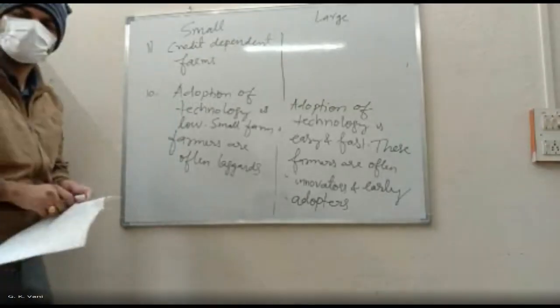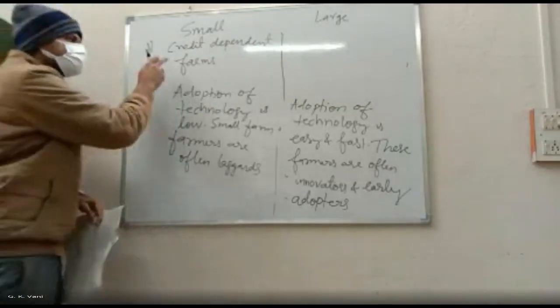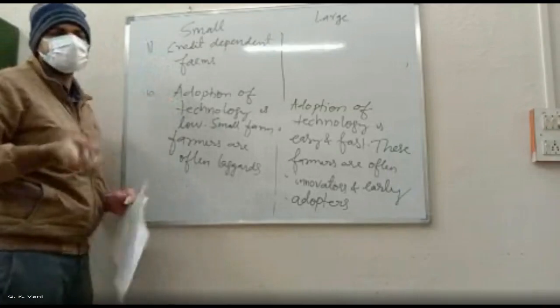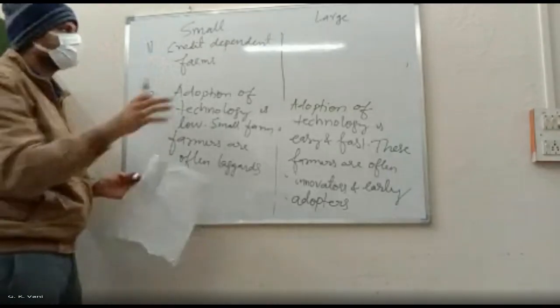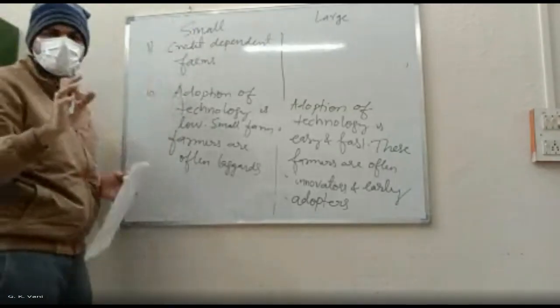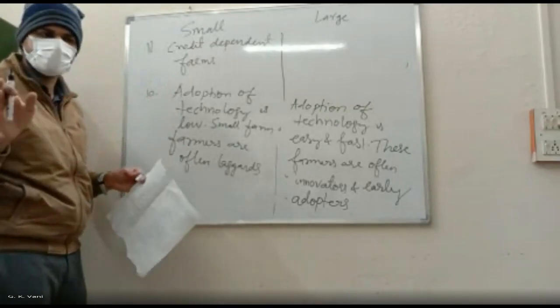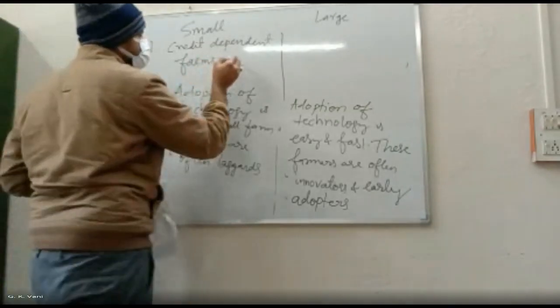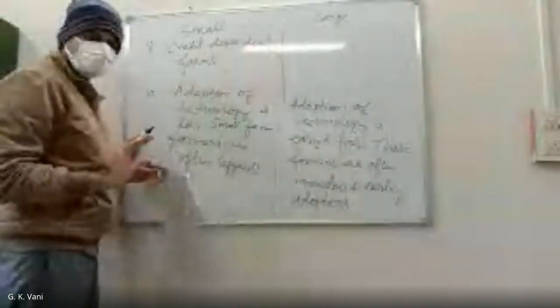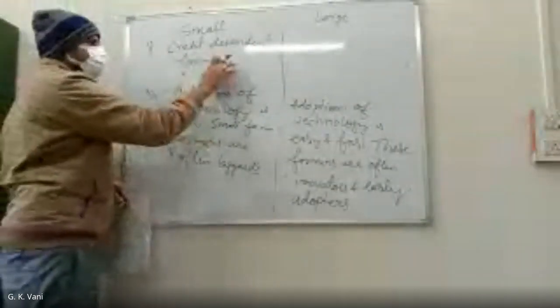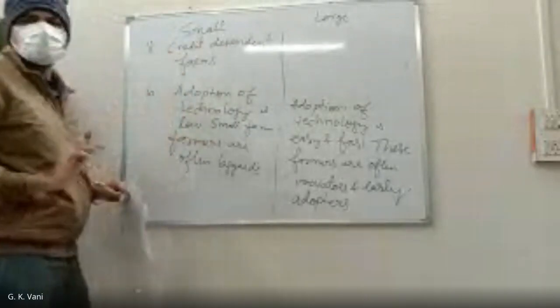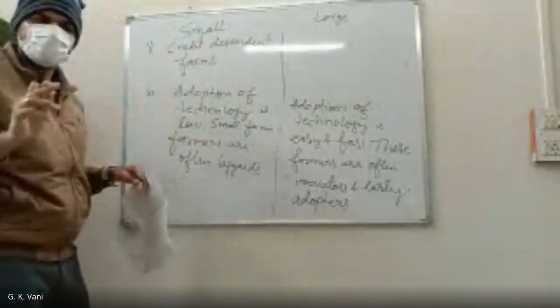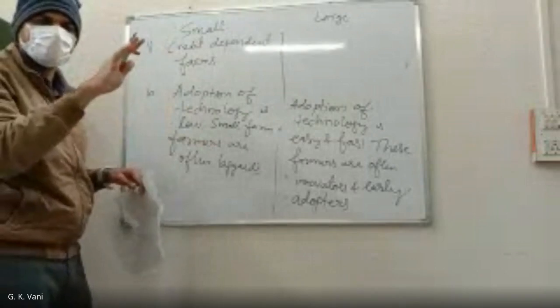Credit hungry. They need it every year, and they use part of the credit for the family also, because whatever returns are generated by these small farms are not sufficient to run the family. So they are in a debt trap. Large farmers can be in a debt trap too, I don't deny that. But very often small farmers are in a debt trap. You understand debt trap? This year they have taken 1 lakh rupees.